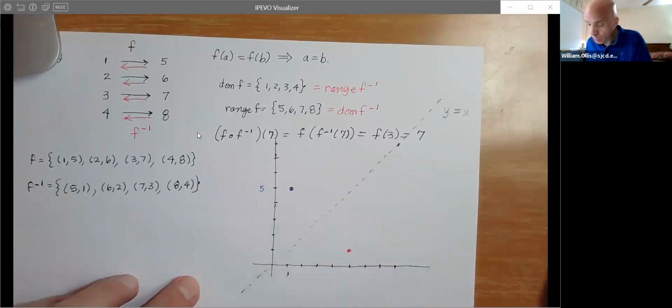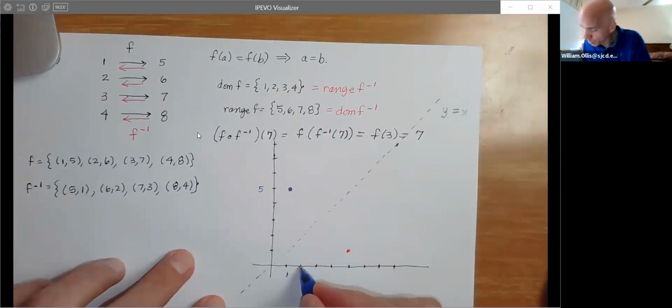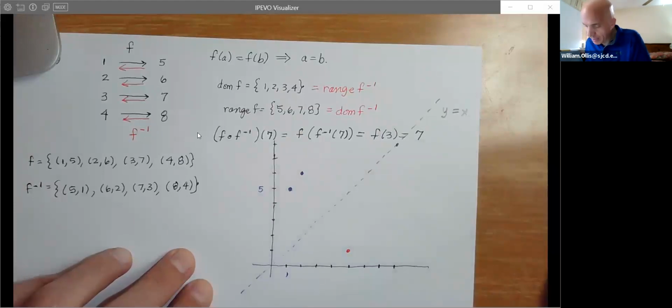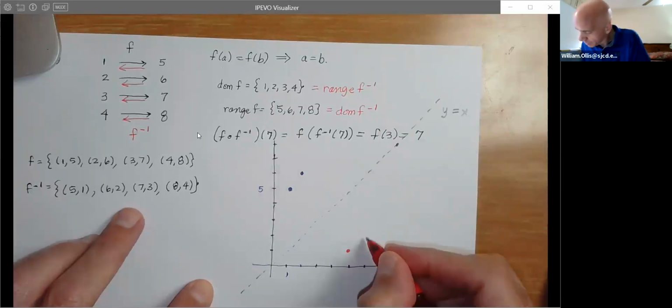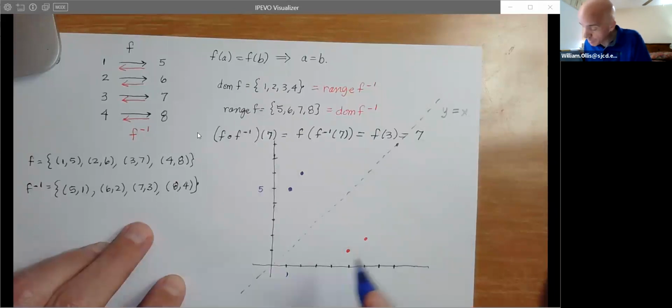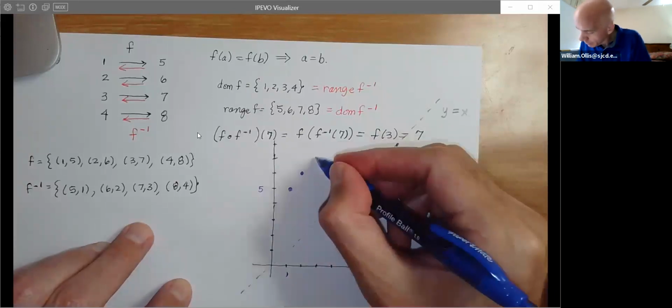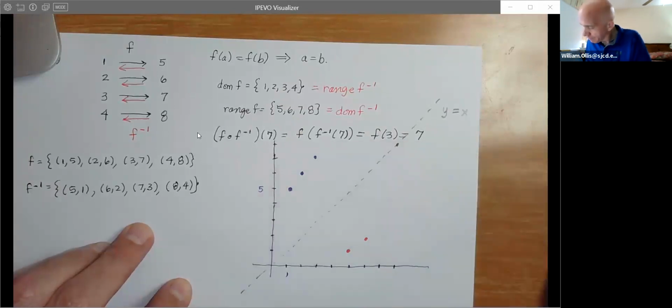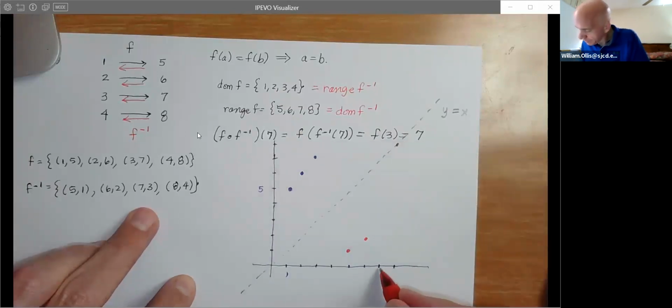And now let's do 2, 6, and now 6, 2, and now 3, 7, and 7, 3.